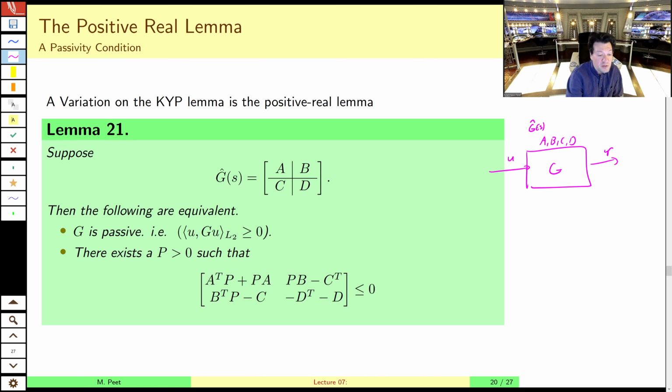And then in the frequency domain, the action of this block is multiplication, similar to how a matrix multiplies vectors. But of course, here we're working with functions, and so it's a little bit more complicated. But at least in the frequency domain, it's not too much more complicated. You just multiply the transfer function by the input in the frequency domain.